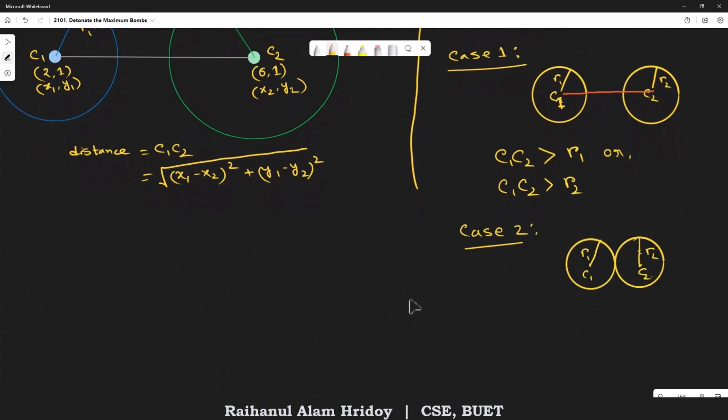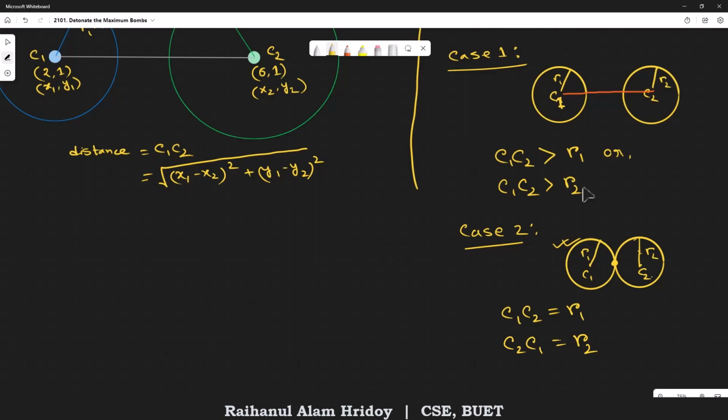In this case, the distance from C1 to C2 will be equal to R1 if we consider the first circle, and if we consider the second circle, C2 to C1 will also be equal to R2, because they just meet here. They meet at their tangent line, both of them have the same tangent line, and that's why they meet.